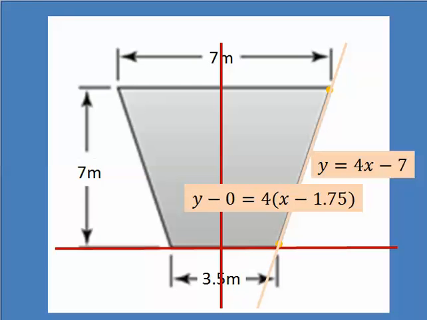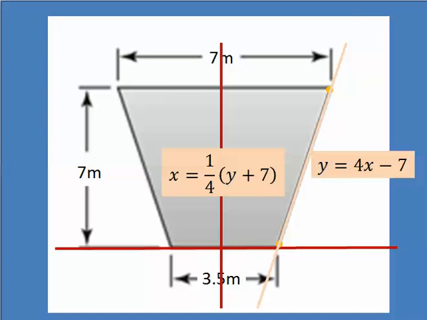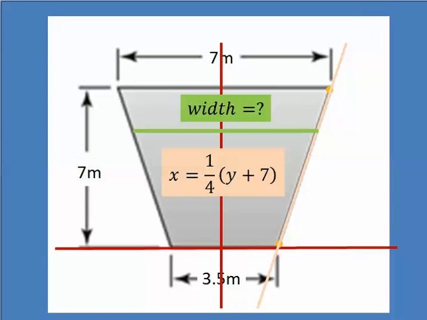Now I'm going to do something that may seem a little strange. I'm going to solve for x. And this is what I get. Now why did I do that? x is half the width. That green line that we're looking for the length of, x is half of that width. And so twice x, for a given value of y, will be the width of the green line.